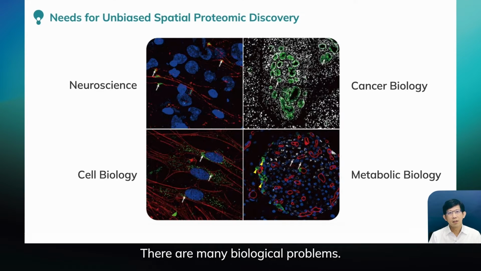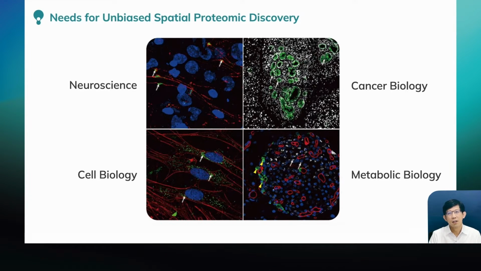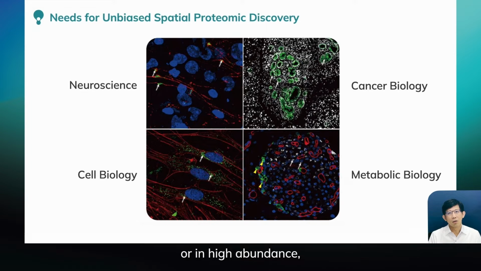So really, there are many biological problems. You see from the images that they have specific locations that you know are different, or you know they are interfaces or interactions. But it's very hard to isolate the protein in such a small location or in high abundance, right?